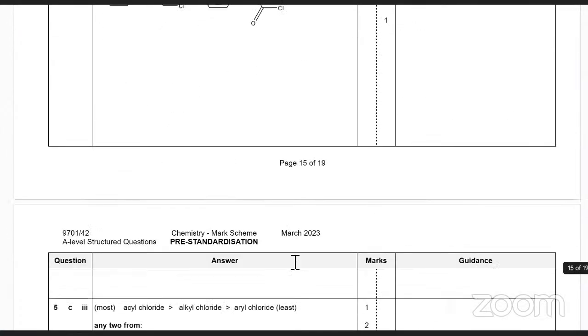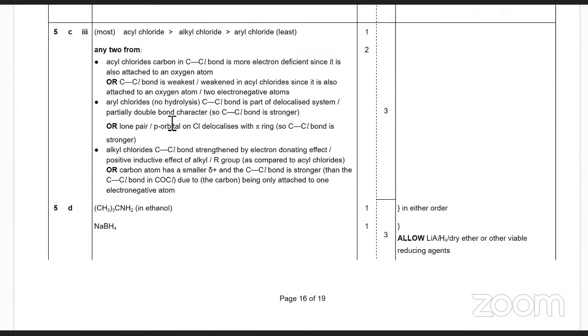Console part, I think this one. So, whether you just add 1 mark for this and any 2 from this one. So you just have to explain the 2 things. That's it. Now, the next thing is, two electronegative atoms. That's what we wrote.